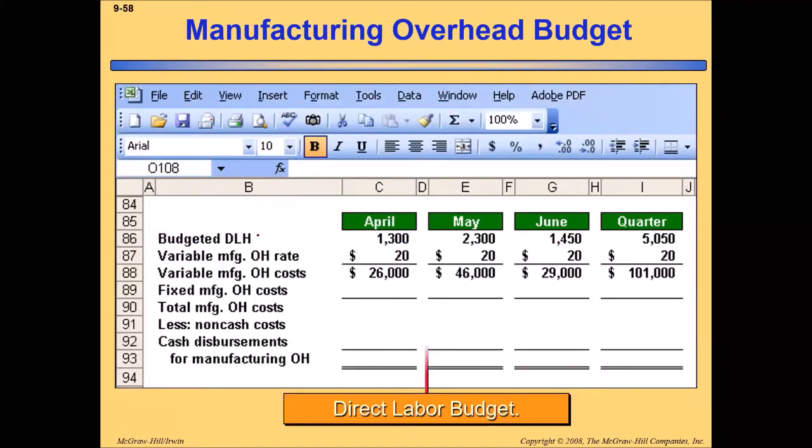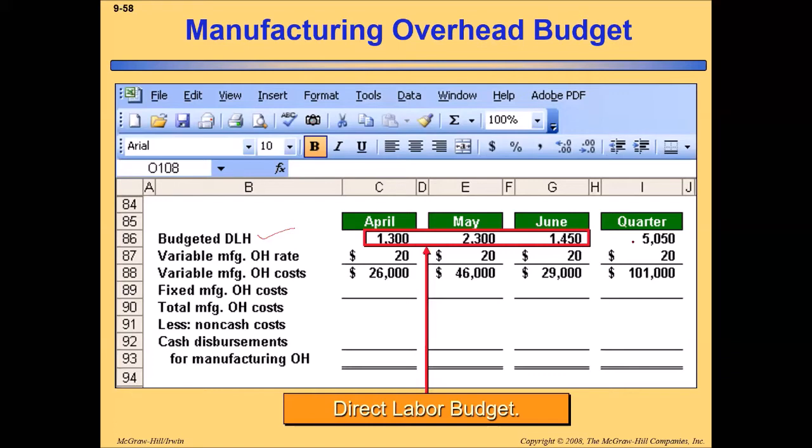So from the direct labor budget, we know that we need 1,300 direct labor hours in the month of April, 2,300 direct labor hours in May, and 1,450 direct labor hours in June.